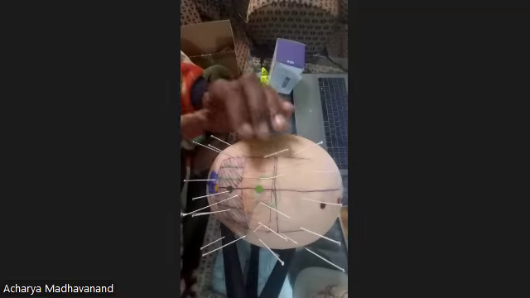Above the umbilicus and below the sternum, all the organs and all the diseases are treated with this middle jiao area. Okay.